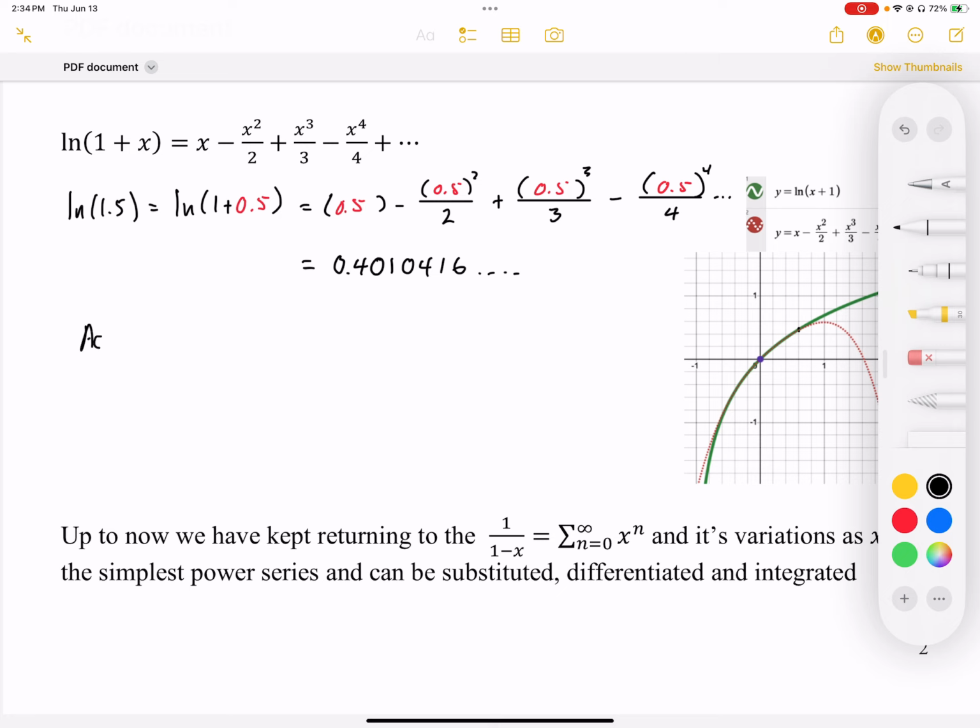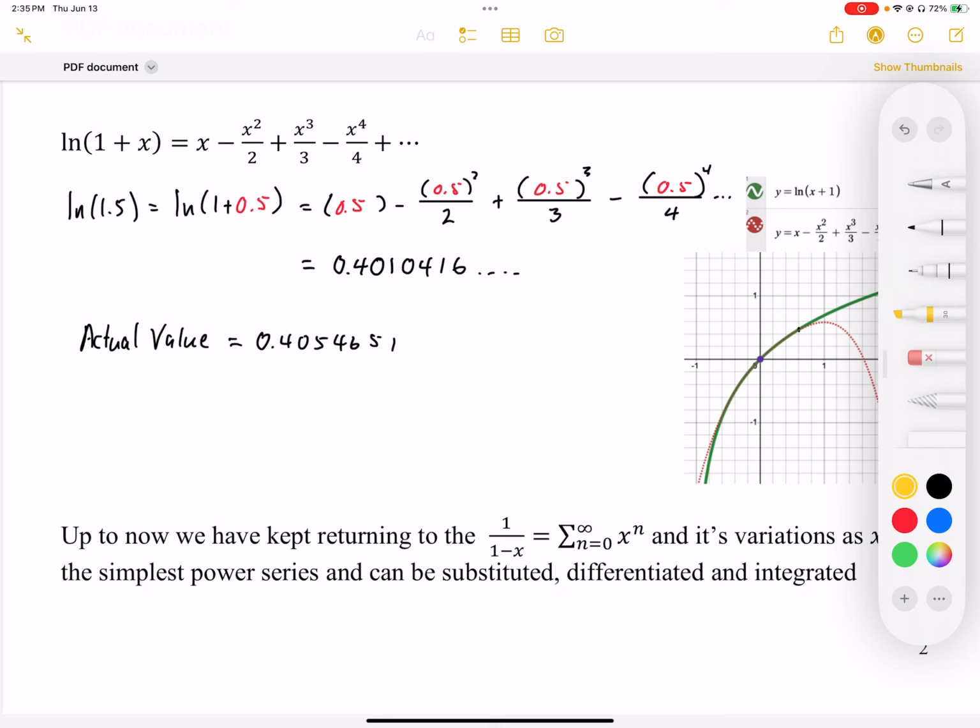The actual value, and again, if I put this into the calculator, all the calculator is actually doing is using the same series calculation, but it's going to use way more terms because a calculator is able to do that. But if I put it in the calculator, I end up with 0.4054651.